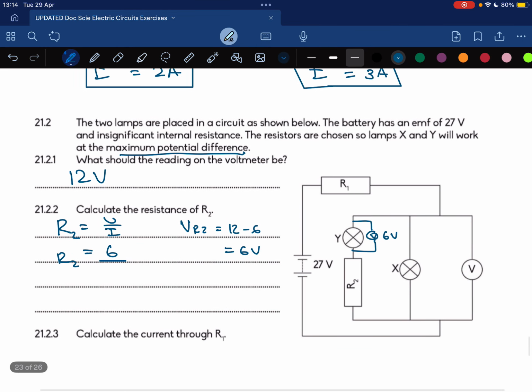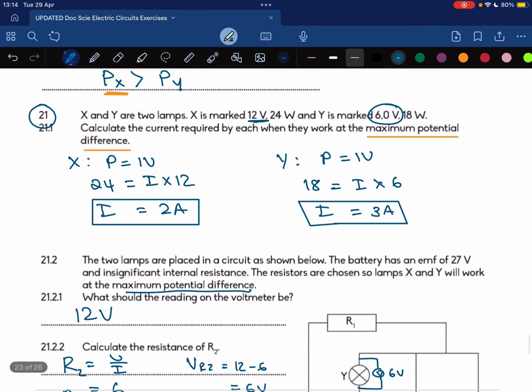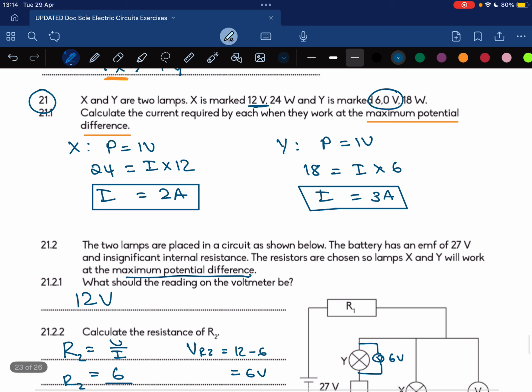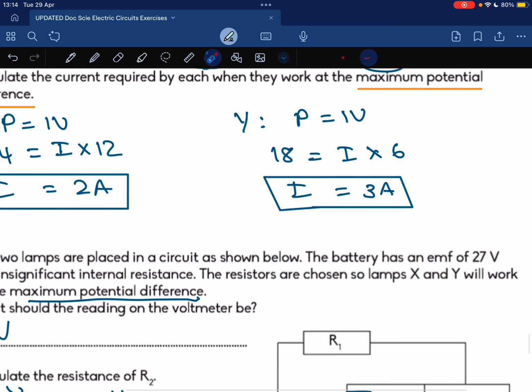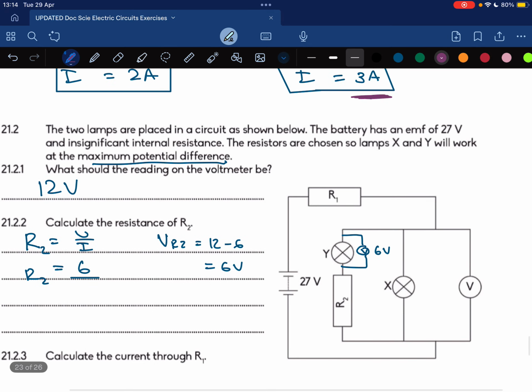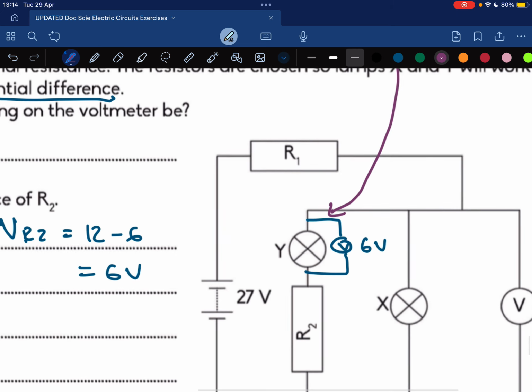Okay, so now this is quite an important reflection. We've already established that if there's 6 volts through Y, that means the current is 3 amps. Because the current is 3 amps through Y at maximum voltage, it's 3 amps here as well.